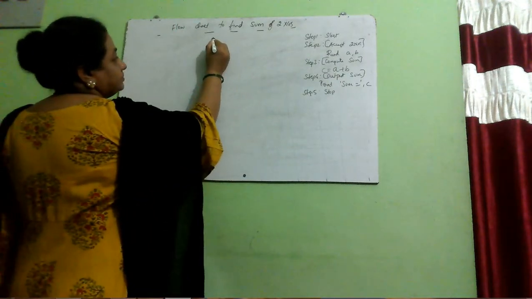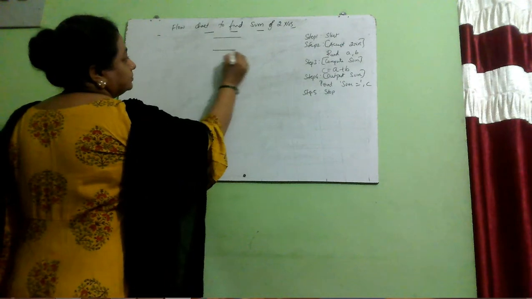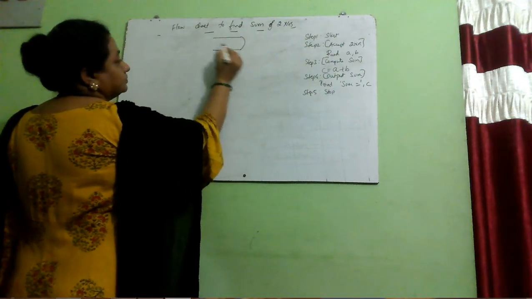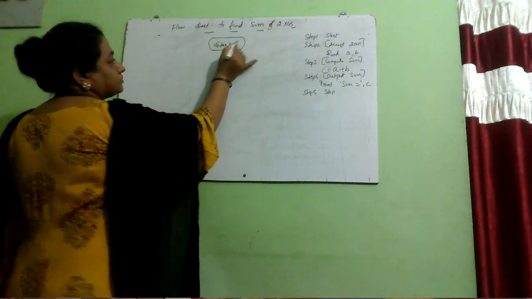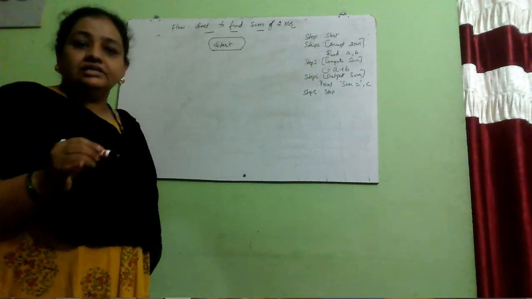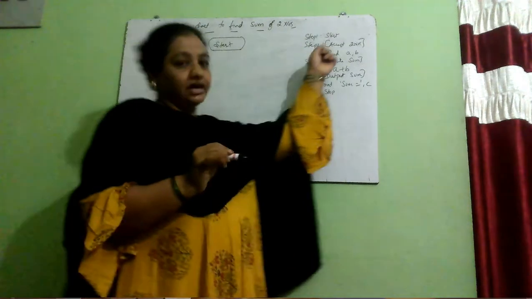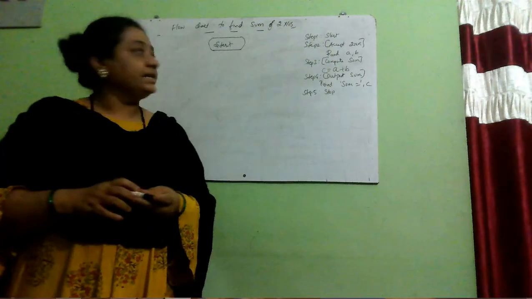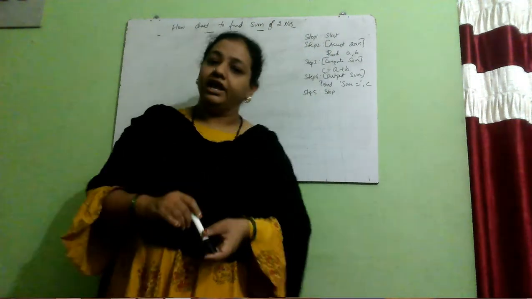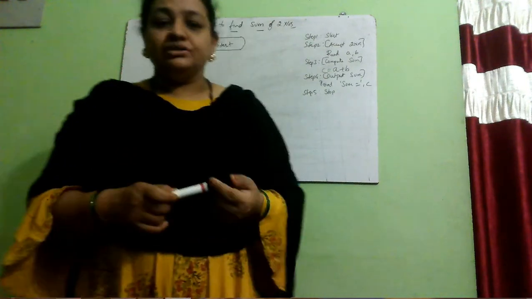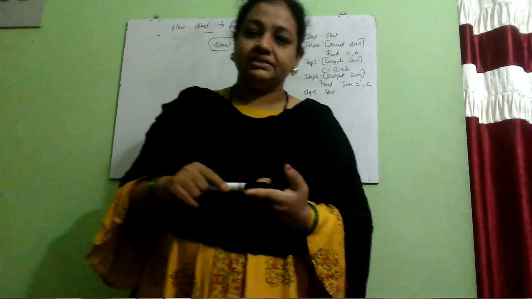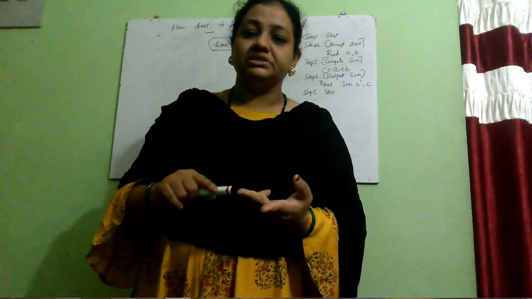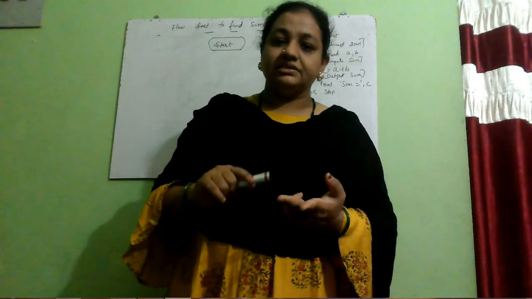So let's add the two numbers which we have accepted. The accepted numbers are A and B. So we have added A and B and we have stored the result in C. Now we have to output. The next step is to print sum or output sum.